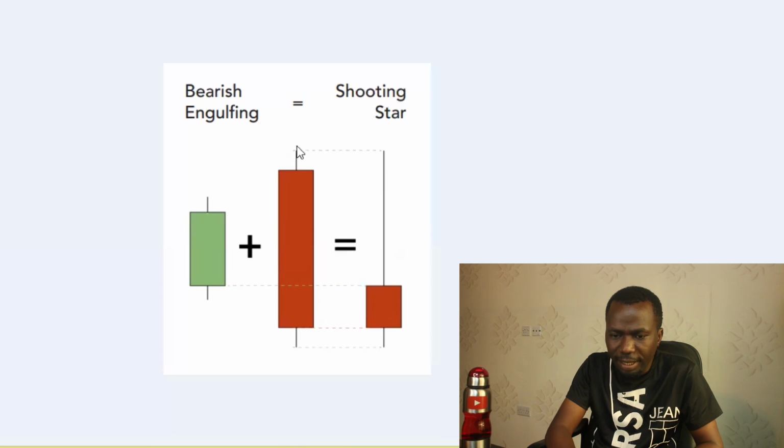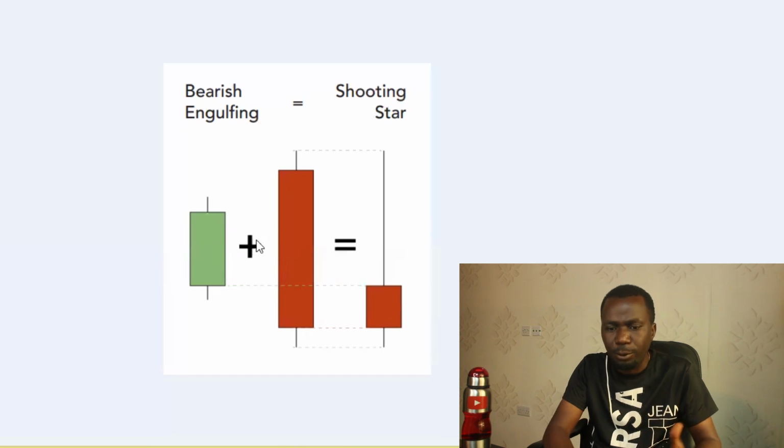So you can see that this candlestick combination forms this candlestick. That is why this one can be identified at a higher time frame, while this can be identified at a lower time frame. So you can clearly see that the bearish engulfing pattern and the shooting star are the same, just identified at different time frames. That is what you need to know about the similarity between these two.